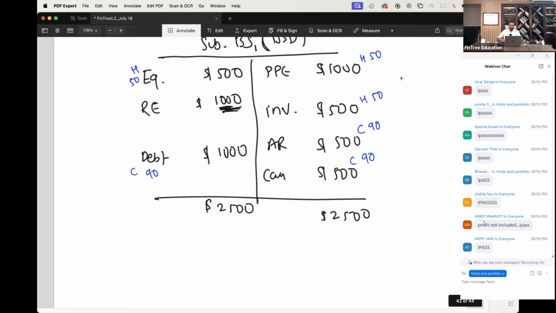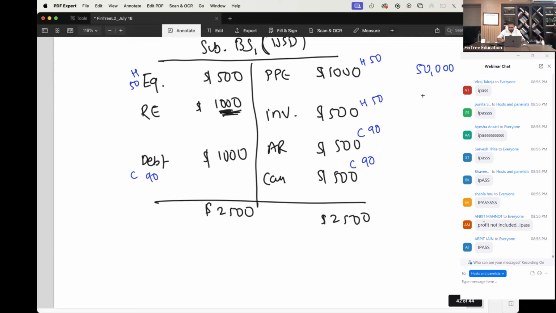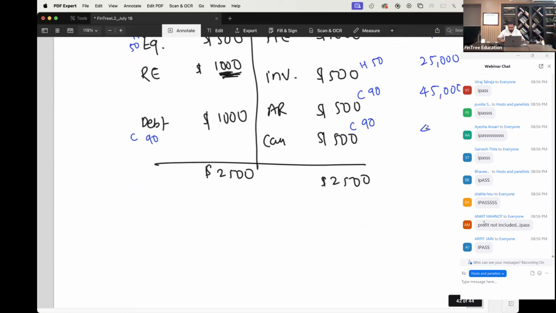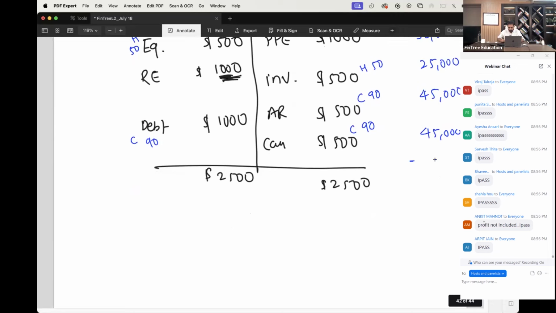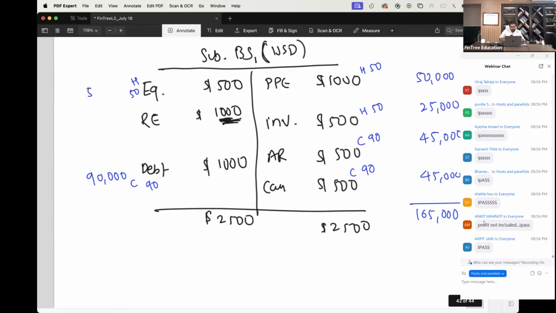So let's at least do the asset side first. So this is 50,000, this is 25,000, this is 45,000, this is 45,000. Now worth 140, 165. So 165. This is total on this side. This is 90,000. This is 50,000.